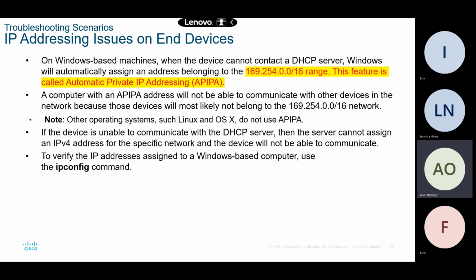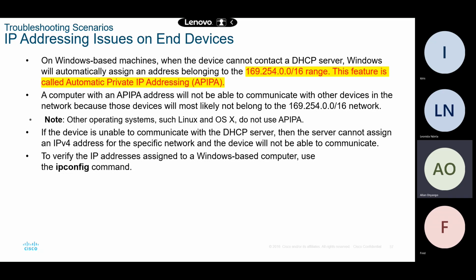I, of course, talked to you about APIPA, automatic private IP addressing. And I told you, anytime a device assigns itself an IPv4 address that begins with 169.254.anything.anything, that's a problem and you need to sort that. When this happens, this is the time you need to say ipconfig /release and then renew, because sometimes your device could not locate the DHCP server, but it's now back on the network.